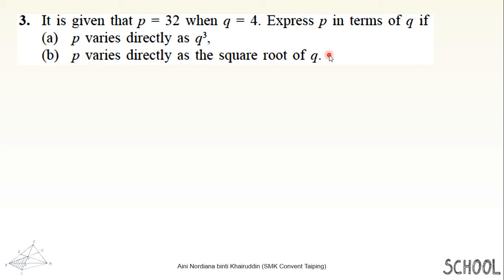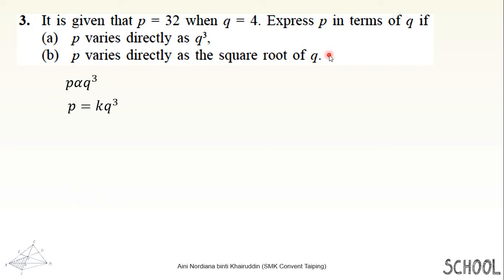So, for question A, the first step, you must write it in variation form. P varies directly as Q cubed. Then, you write it in equation form.